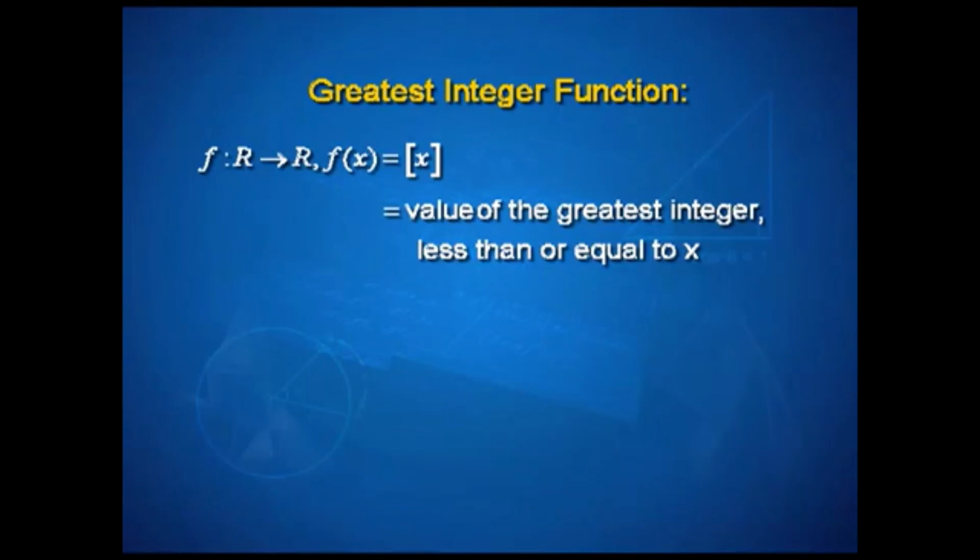Greatest integer function is again one of the very significant and something very unusual here. It is defined to be the value of the greatest integer less than or equal to x. So, if I have to ask you to find what is f of 2 and then f of 2.73, they both take the value 2. Greatest integer less than or equal to 2.73 is 2.